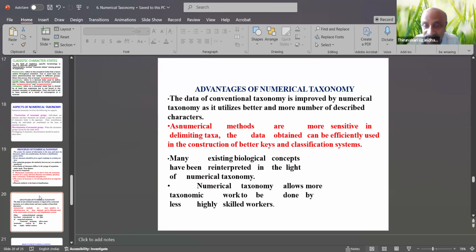Many existing biological concepts have been retained in the light of numerical taxonomy. Numerical taxonomy allows more taxonomic work to be done by less skilled workers, with weightage of the numerical characters as the basis of classification of plants.